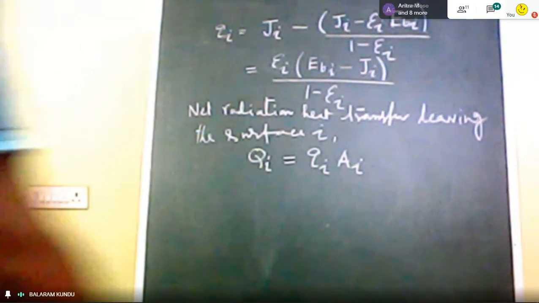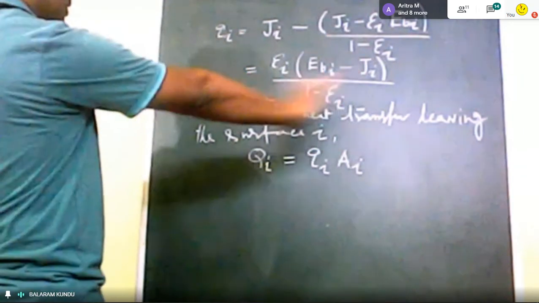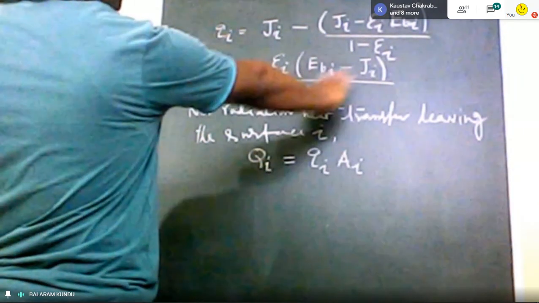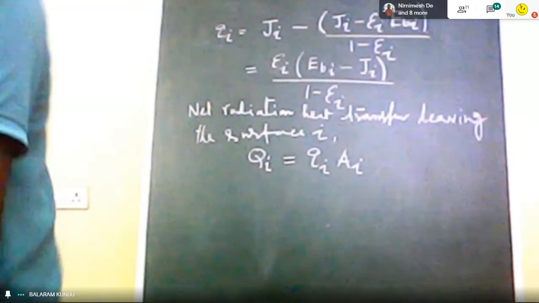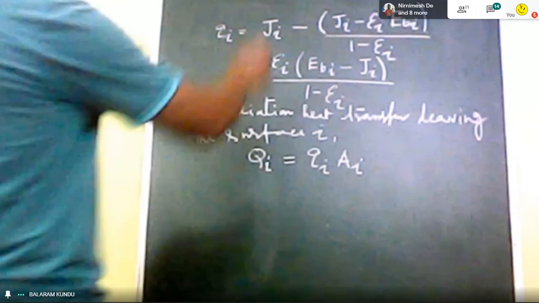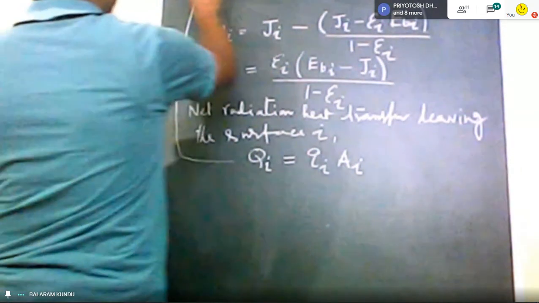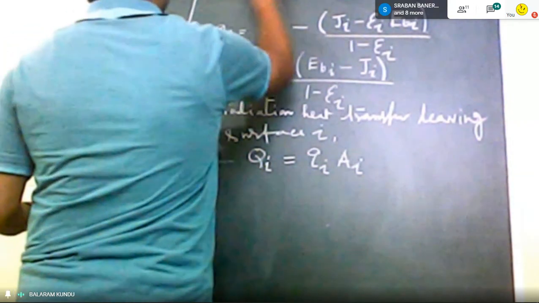Therefore QI, already you know the mathematical expression, that is equal to epsilon I into (EBI minus Gi) whole divided by 1 minus epsilon I.